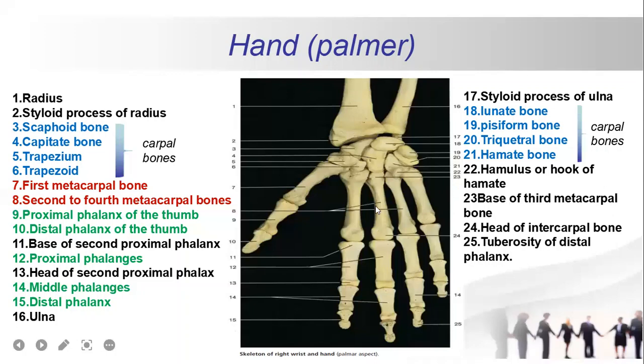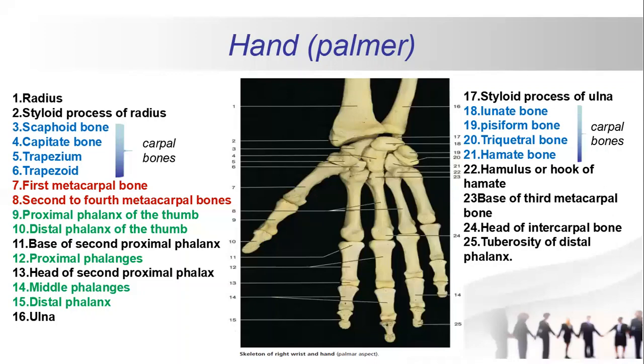We have number 9, the proximal phalanx of the thumb. Then number 10 brings us to the distal phalanx of the thumb. We have the carpal, metacarpal, proximal phalanx, and the distal phalanx.